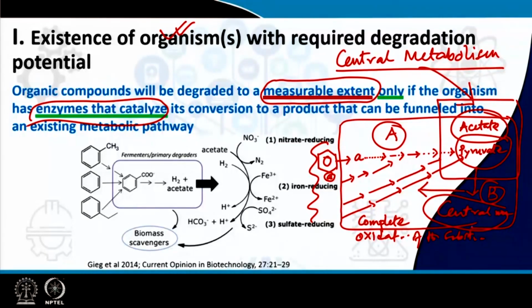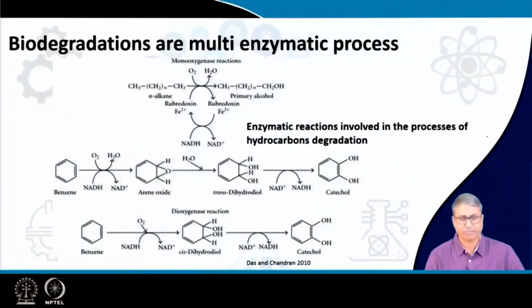Central carbon metabolism already exists in all cells, all microbial cells, bacteria, archaea. So, biodegradation will only provide the substrate, which will be the starting molecule or some intermediate of the central carbon metabolism, so that they will continue.